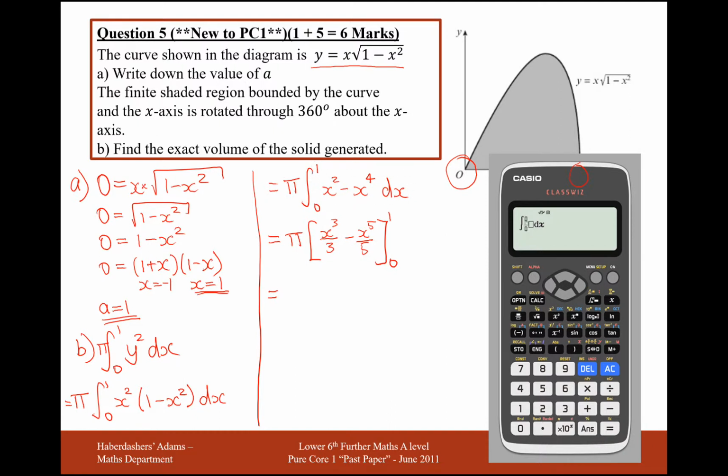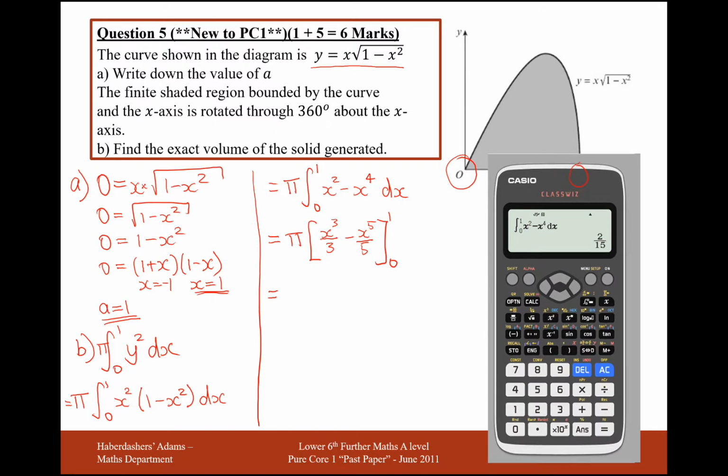Integral between 1 and 0 of x squared minus x to the 4. You need to use this x button that's on the right hand side of the button you've just pushed. Just like this. 1, 0, x squared minus x to the 4, and then press enter on that, and you get 2 over 15.